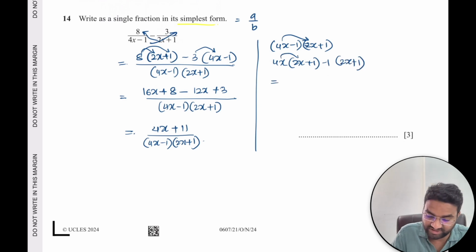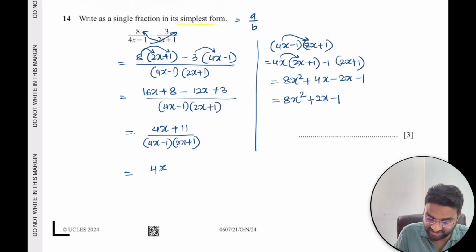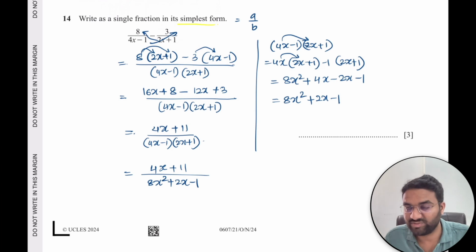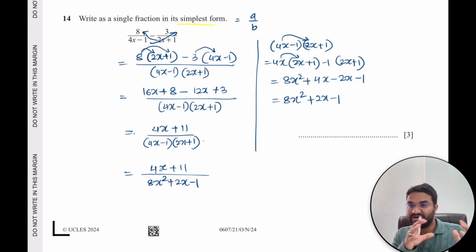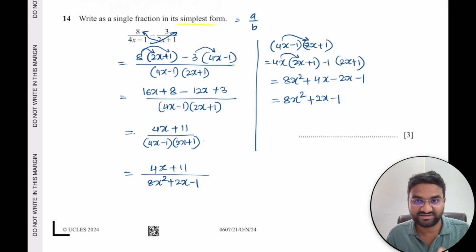So 4x times 2x is 8x squared plus 4x minus 2x minus 1, so 8x squared plus 2x minus 1. The numerator part is 4x plus 11 divided by 8x squared plus 2x minus 1, and this is the simplest form you have to write.